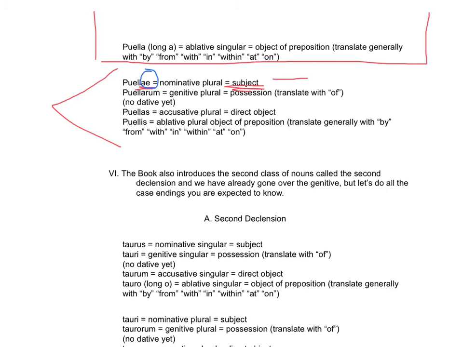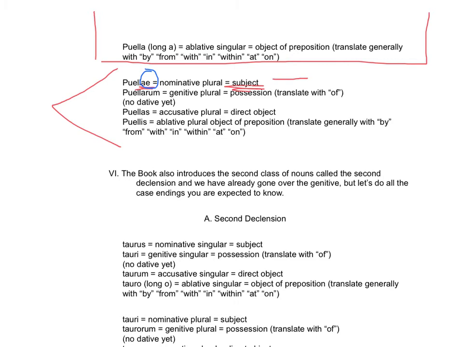You cannot tell the difference between the genitive singular and the nominative plural. Generally, you can from context, but out of context, you cannot tell the difference between these endings. Don't be frustrated by that. It really is rather simple when you see the words in context.